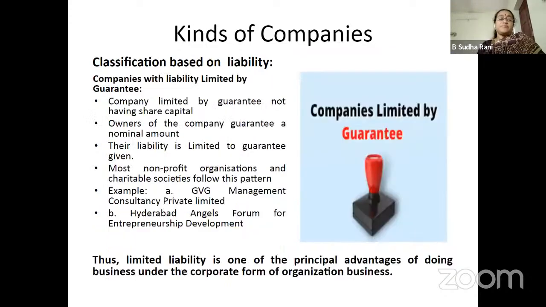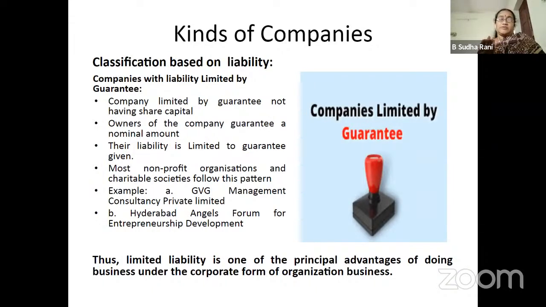The next one is companies limited by guarantee. That is, the liability of members is limited to the extent of the guarantee given by the member. Irrespective of the investment, say I may have only 10,000 value of shares, but if I have given a 50,000 guarantee, my liability goes up to 50,000.